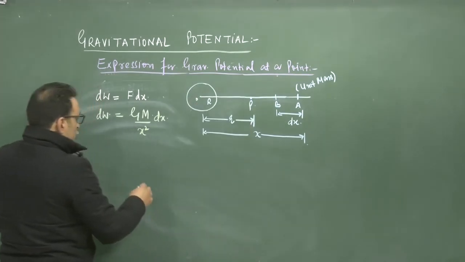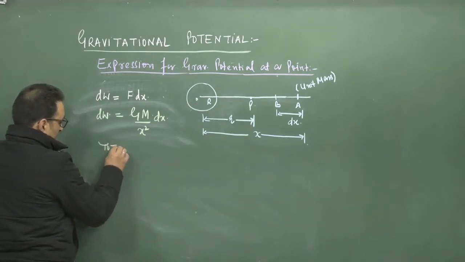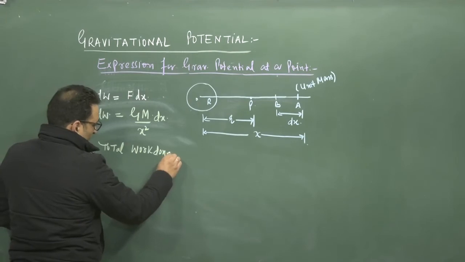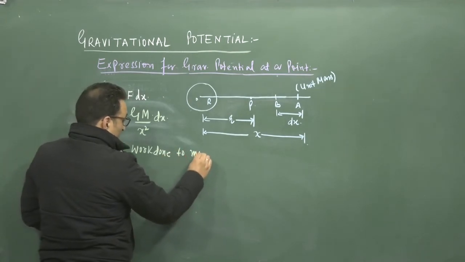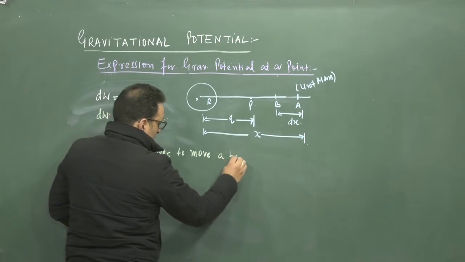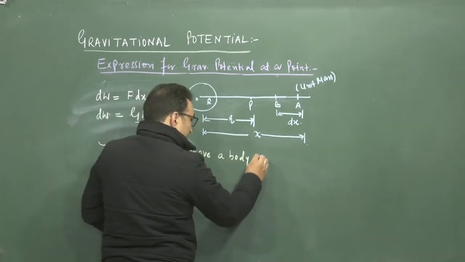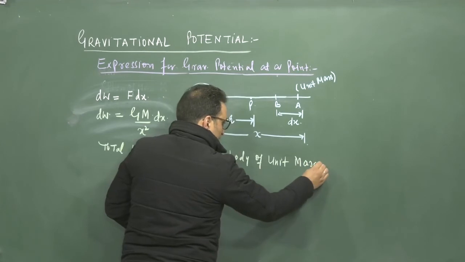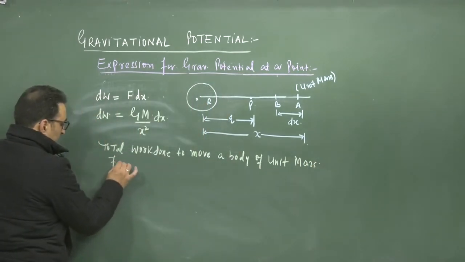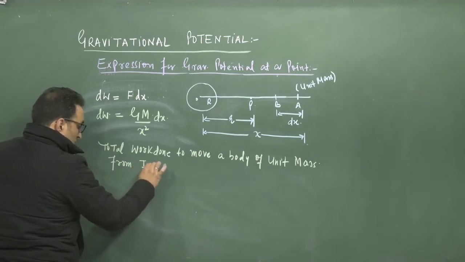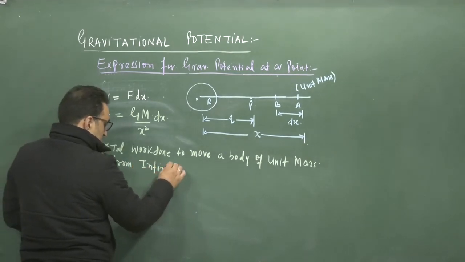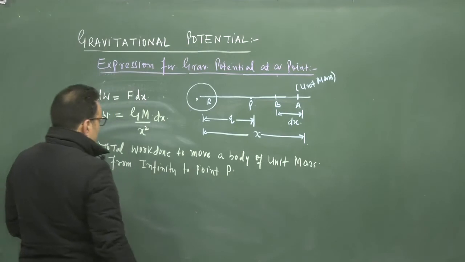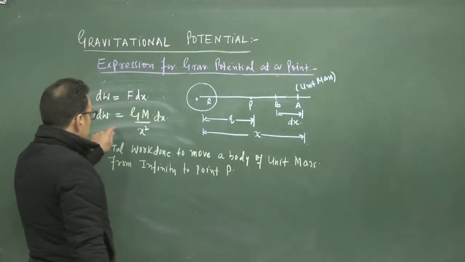Now the total work done to move a body of unit mass from infinity to point P without acceleration can be obtained by integrating this equation.